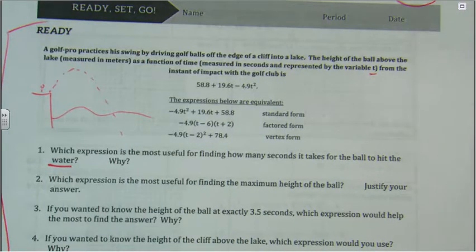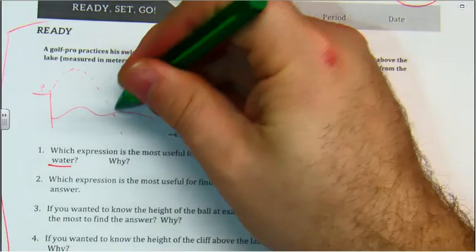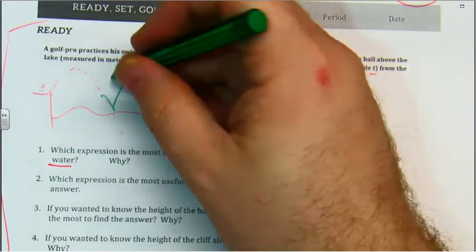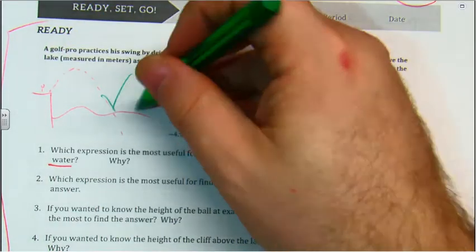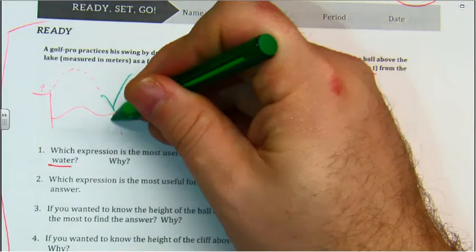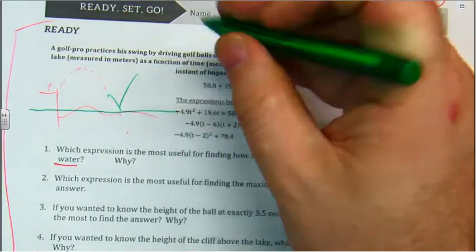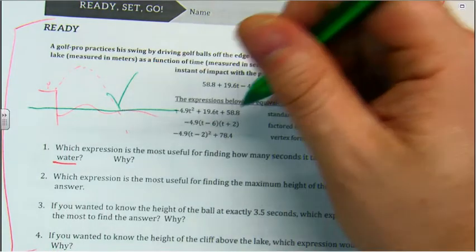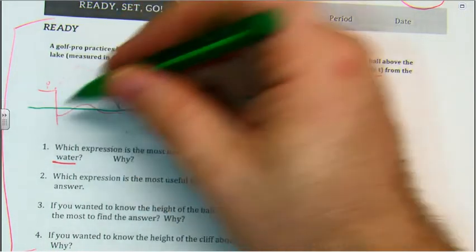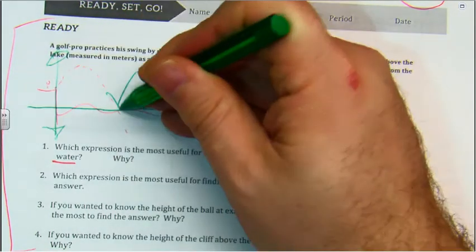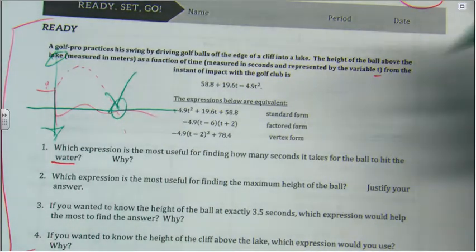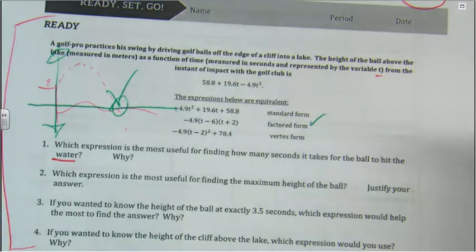Where does it hit the water? Splash, right here. So this would be our x-intercept. So what we would be wondering is where this is, and which version helps us find our x-intercept the best? That would be factored form. Factored form tells us our x-intercept.